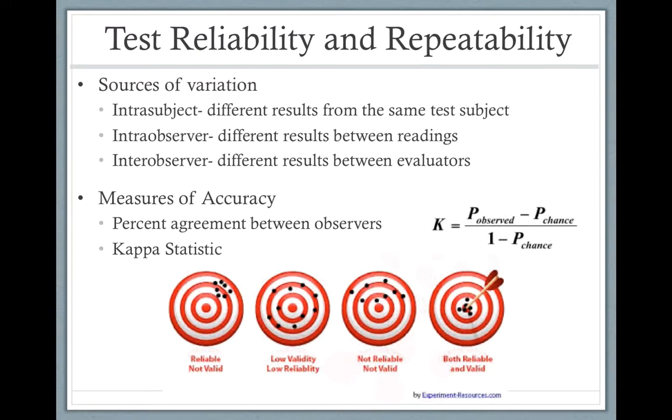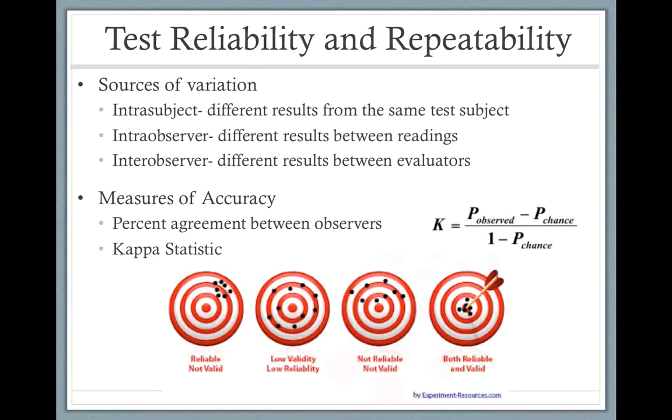Whereas they also have a trained eye, and they will have an observed value. So the percentage agreement between observers is the amount of time that they agree divided by the amount of times that they read something. And then another element of that is the kappa statistic, which is the percentage.